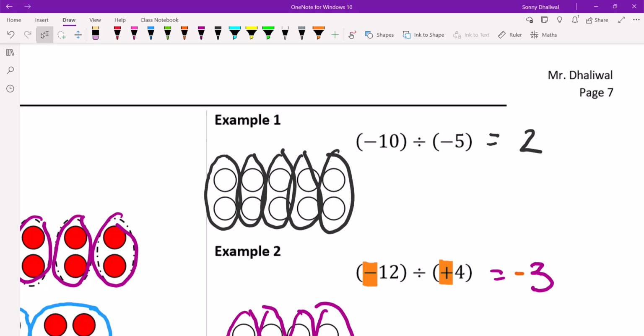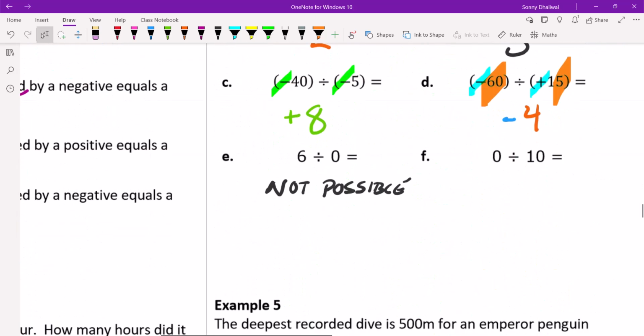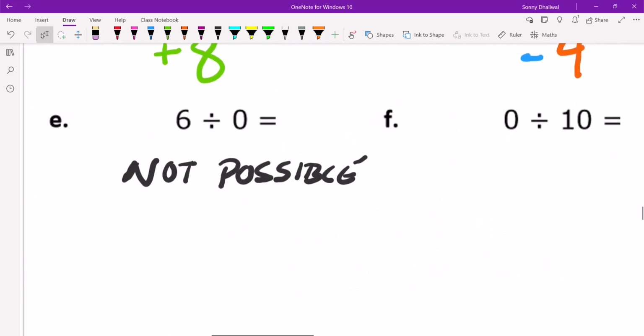If we get it on a test and we write 0, is it wrong? It would be wrong. Then what do we write? Not possible. I'm not going to mark you on your spelling. Right? It's not possible.